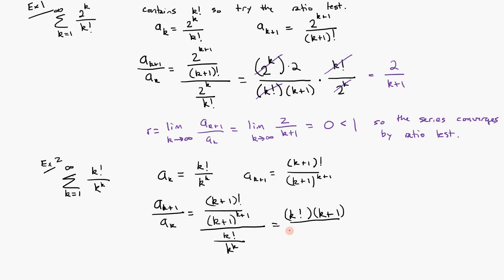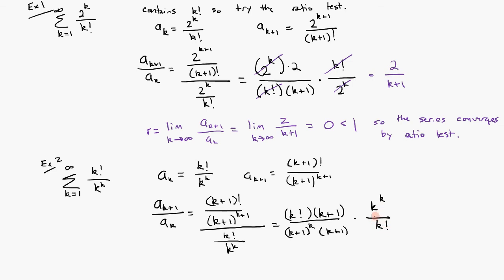The denominator can be written as k plus 1 to the k times k plus 1, and then this part here, I flip it around, so it's k to the k over k factorial.